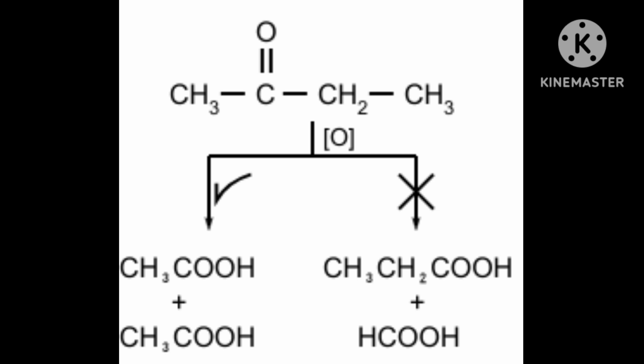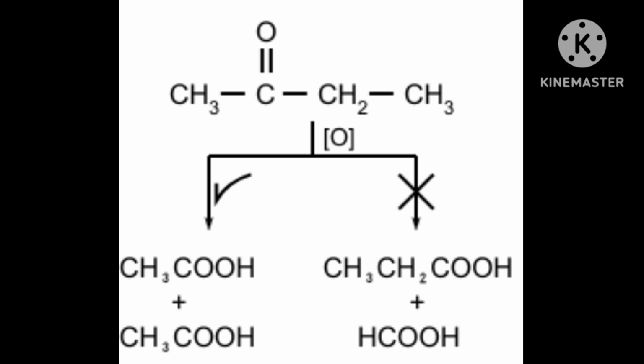Then you will get RCOOH, correct? Means CH2 and C, the first and second carbon bond will break. The bond between carbon 1 and 2 will break. CH2 and C, the middle carbon and first carbon bond will break.